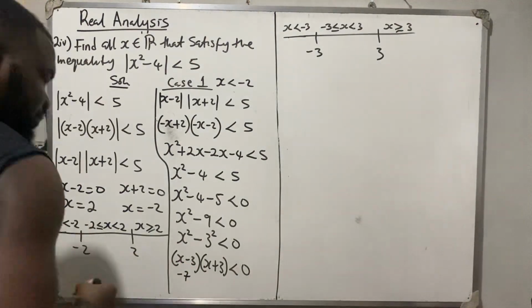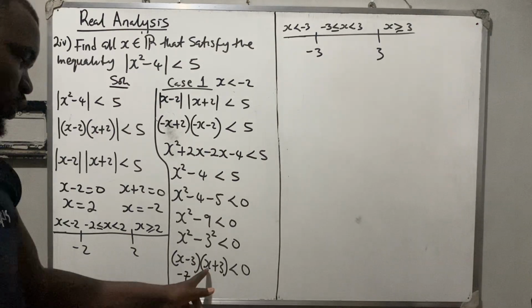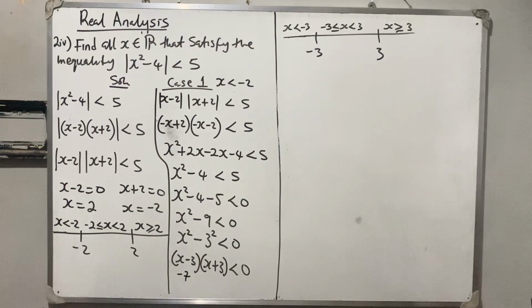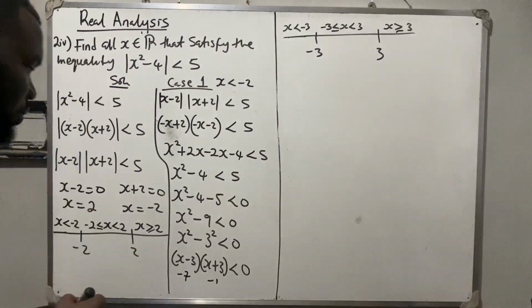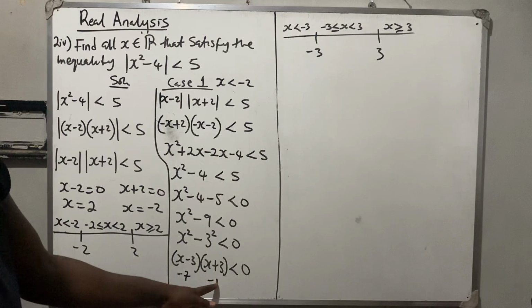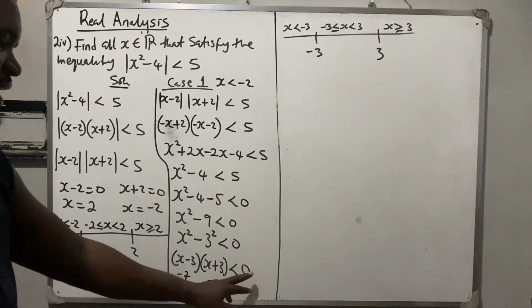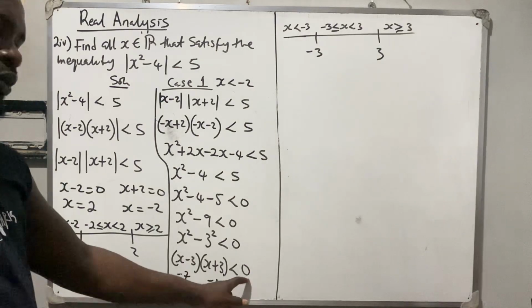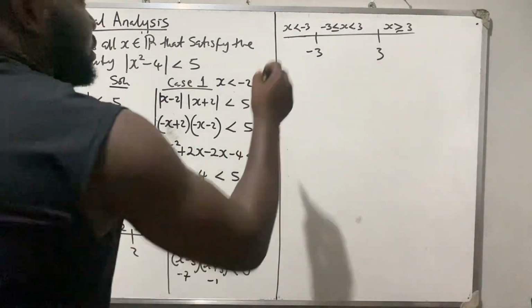Minus 7. Okay? Now, minus 4 plus 3 will give you minus 1. So now you see that minus 7 times minus 1 is giving me 7. And 7 is not negative, because we say that the product of the two of them must give you a negative number. So this one will not work.